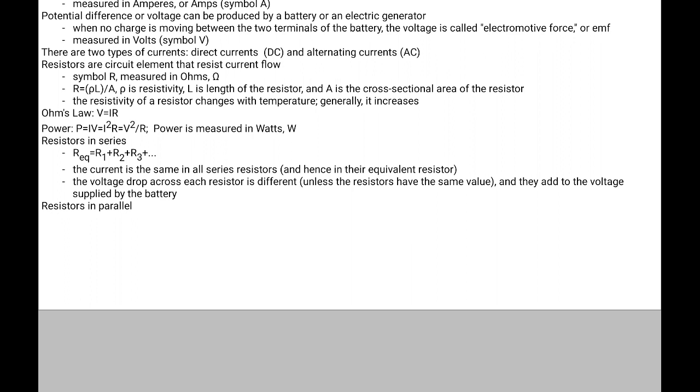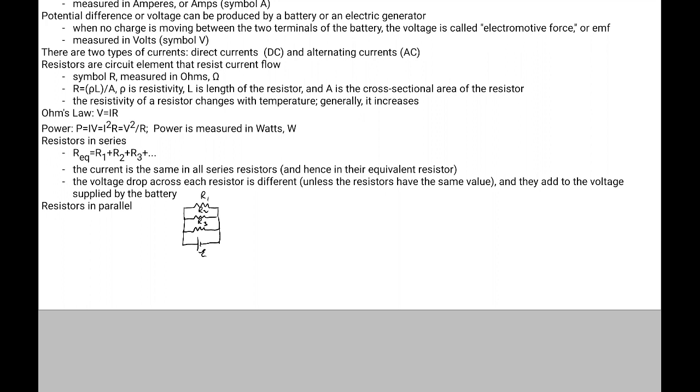Now let us look at resistors in parallel. We have resistor 1, then parallel with that is resistor 2, parallel with that is resistor 3, and all of them are connected in parallel with a battery, with an EMF.